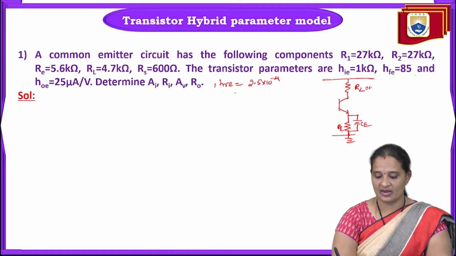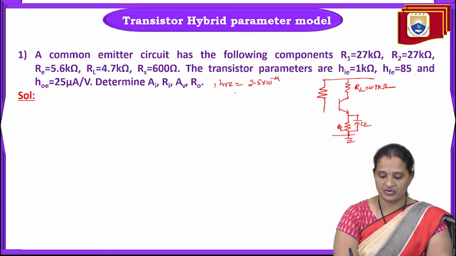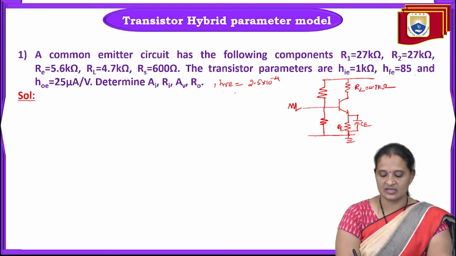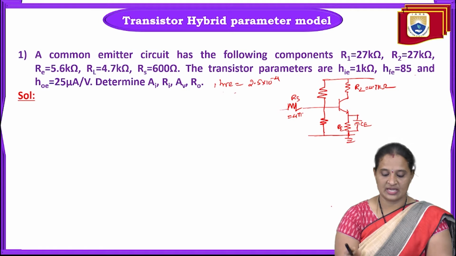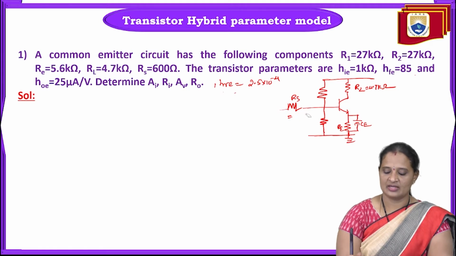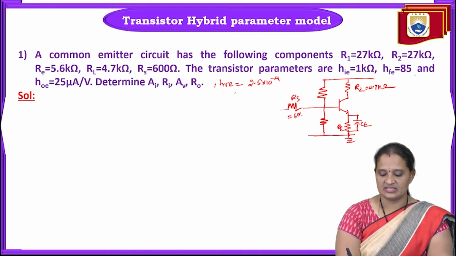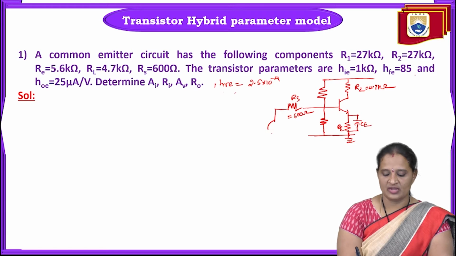What is the value of RL? 4.7 kilo ohms, and we have two resistances here. That means the common emitter configuration is connected in voltage divider biasing. So this is RS, which is equal to 600 ohms. The RS value is given, which is 600 ohms, and we have a voltage source.